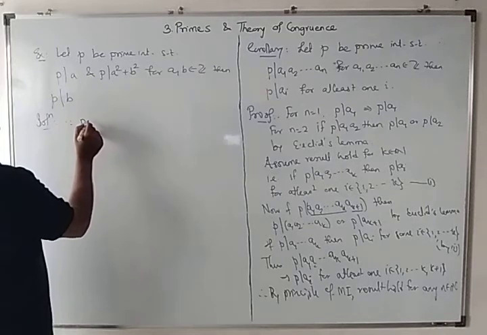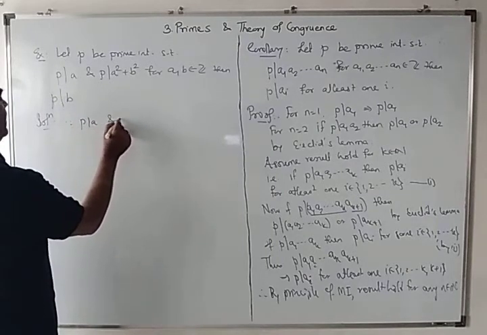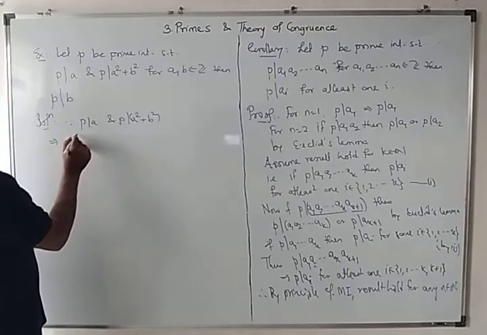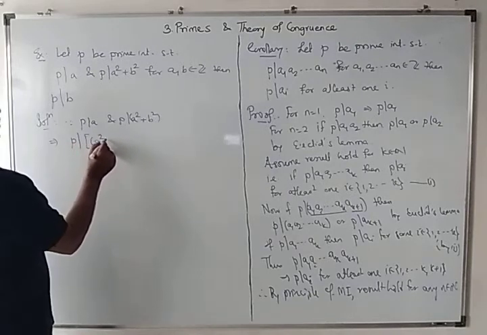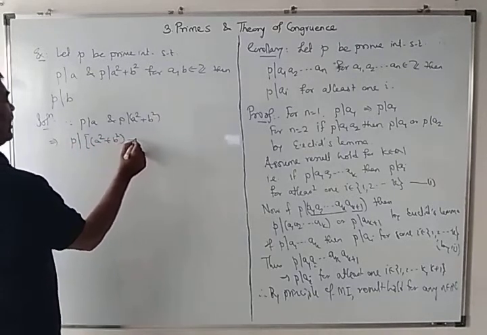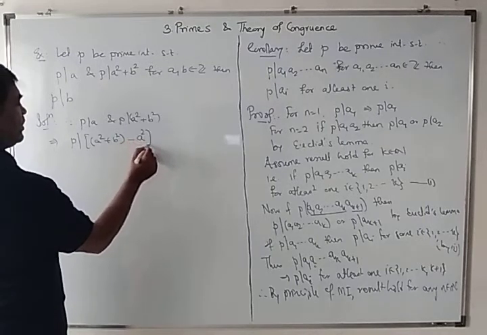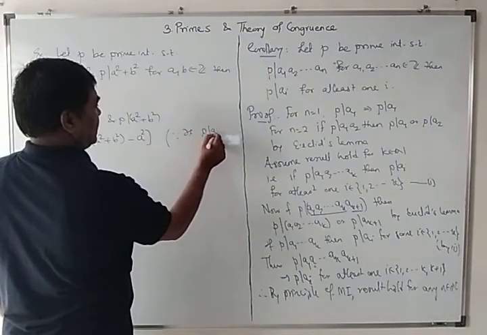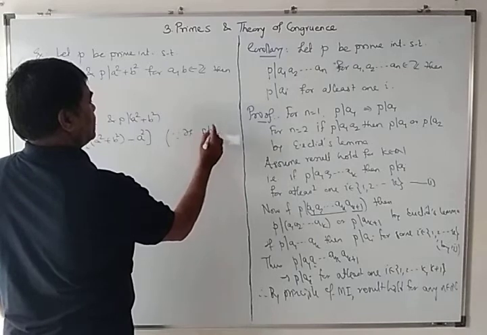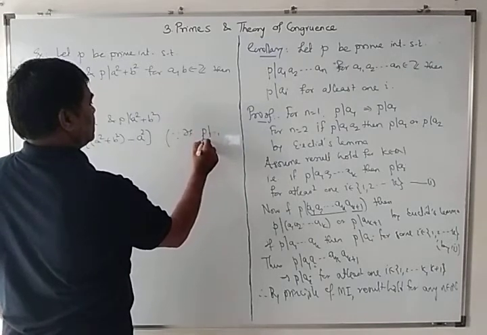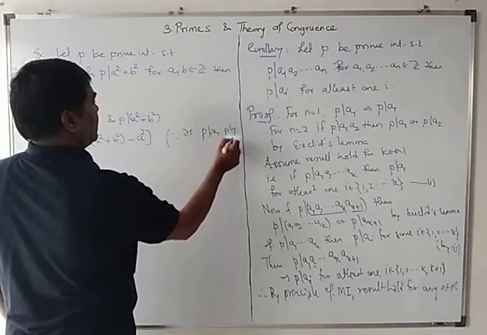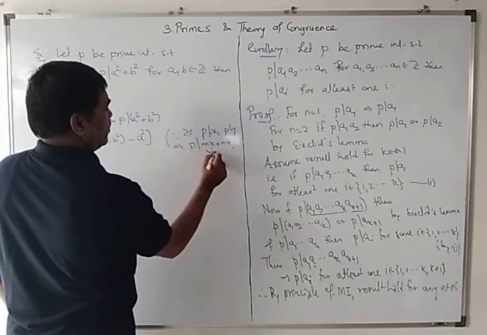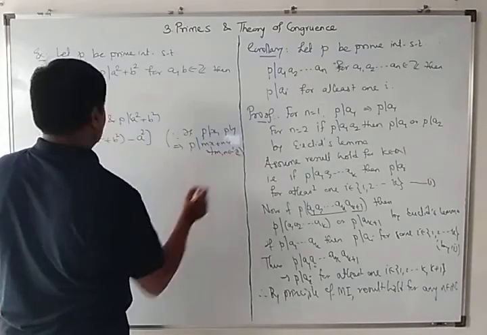So, since P divides A and P divides A square plus B square, this implies P must divide A square plus B square minus A into A square. Since if P divides X and P divides Y, then P divides mX plus nY for any m, n belonging to Z. Okay.